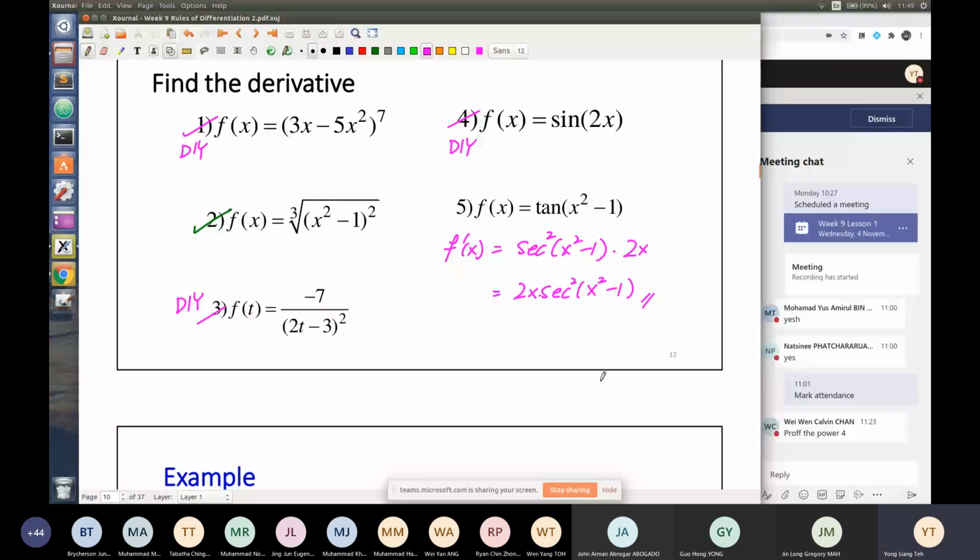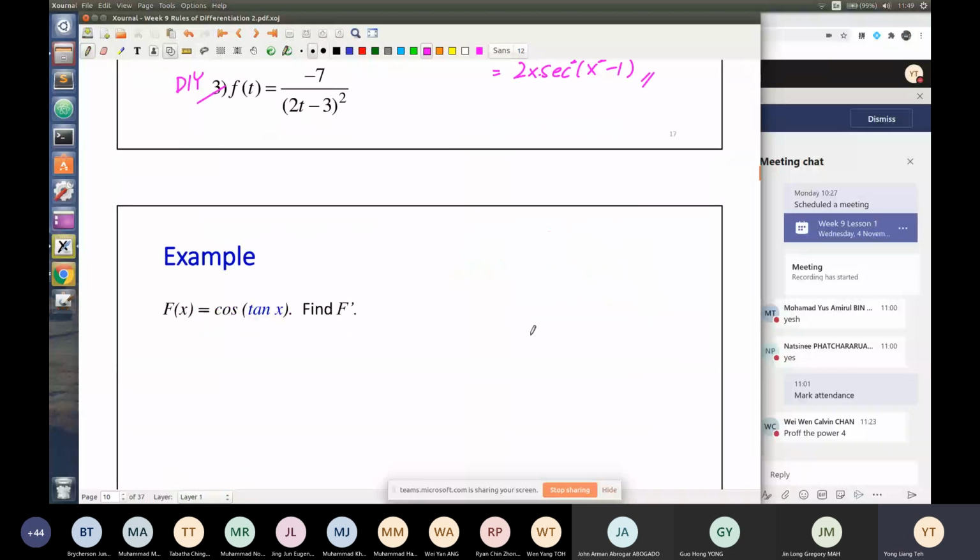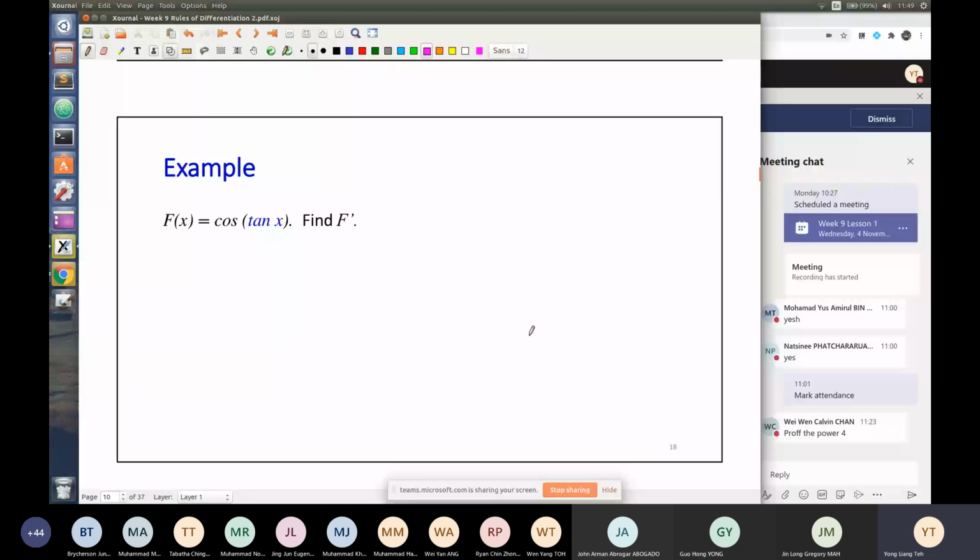I hope you are good with that. Moving on. Please slow me down or ask me a question if this is not okay. Cosine tangent x is just the cosine of an inner function, tangent x. So once again, f prime: first differentiate cosine, mask up this inner function. The differentiation of cosine is minus sine, then put back the tangent x.